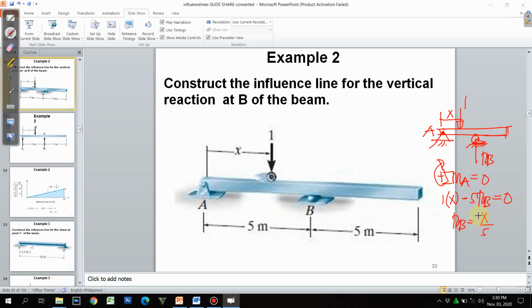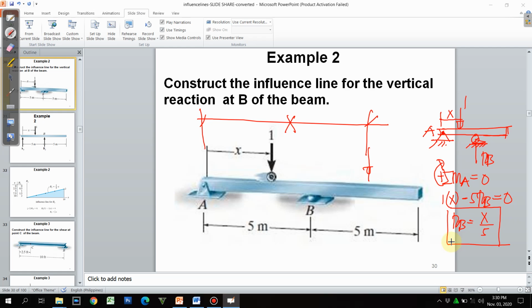We want to check if your equation is applicable all throughout the beam. If we transfer 1 here to this segment and denote that as our x now, if we perform this, we will arrive at the same equation. So basically, this equation is now applicable all throughout the beam.